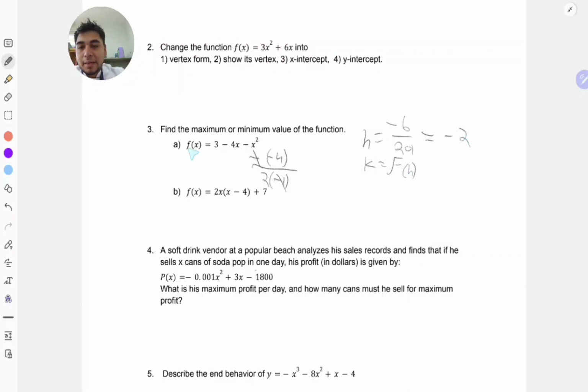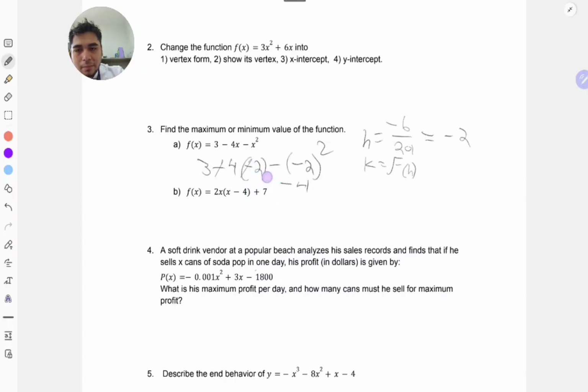So looking at f of h, let me erase this for now. f of h, meaning 3 minus 4 times negative 2 minus negative 2 squared. Okay, so negative 2 squared ends up canceling out the negative, which means that we're just left with 4. Okay, so 4 minus negative and negative end up canceling.